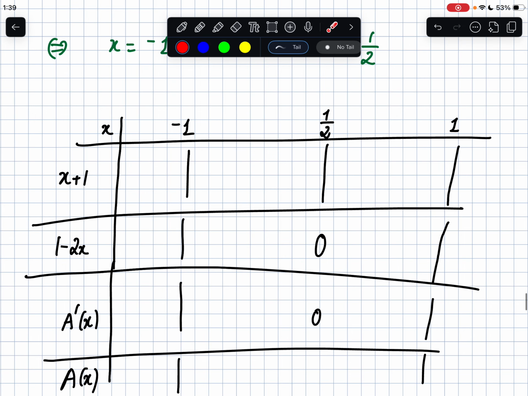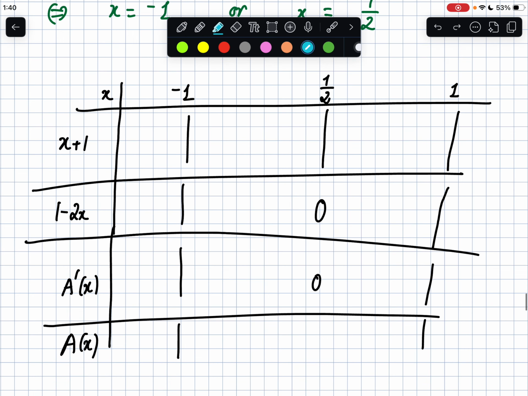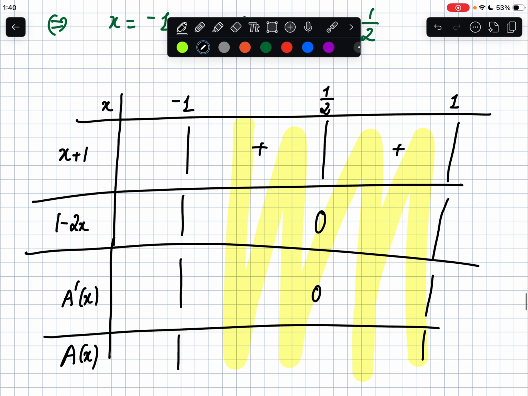So x plus 1 is negative here, positive if x is bigger than minus 1. Negative, but we don't care about the rest, we only care about this part. Positive, positive. This one will be positive, then negative, because 1 minus 2x.